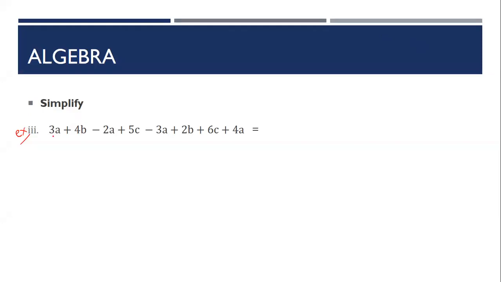Okay, let's see. So I write my a terms together. So 3a is there, and minus 2a and here minus 3a and again plus 4a is there. That is a. And next I have plus 4b and plus 2b, that is for b. And next I consider the c.